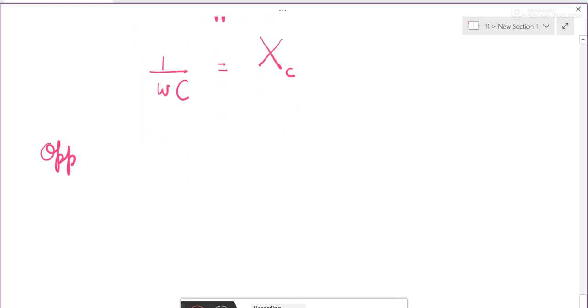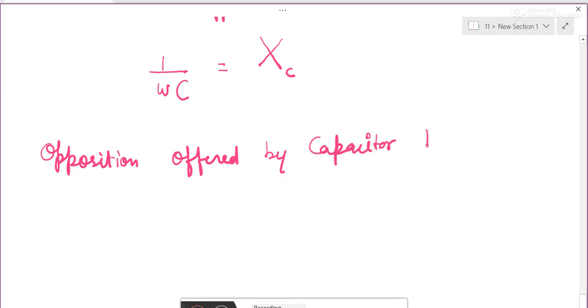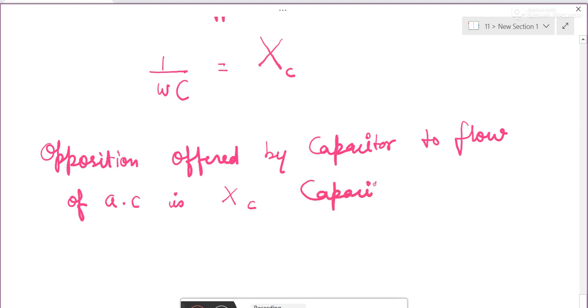So the opposition offered by capacitor to flow of alternating current is Xc, and its name is capacitive reactance.